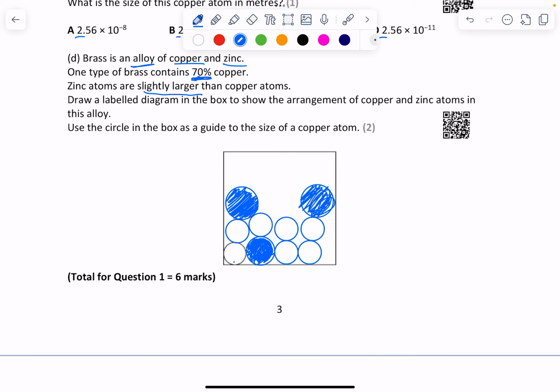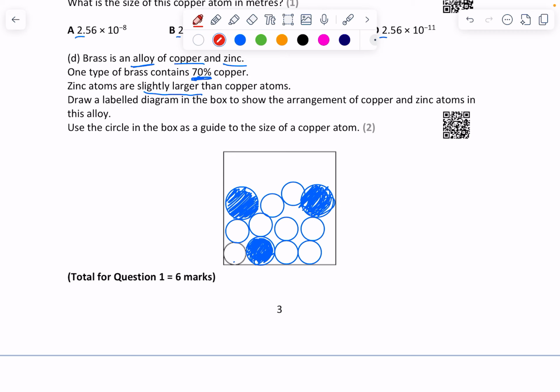And then we'll have 2 of the smaller ones in the middle. So one there, and we'll pop another one, a little bit higher, in there. So we've got that kind of pattern going on. And if you look at what we've done, we've now got that ratio of 70% against 30%.